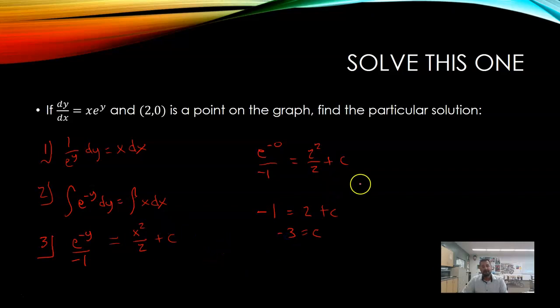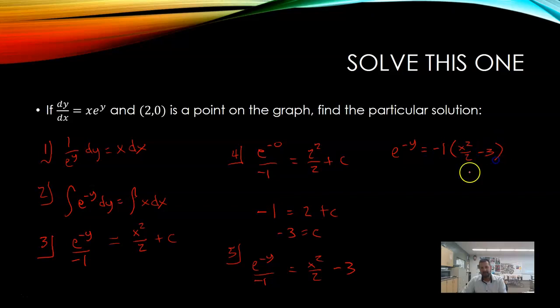So now what I do is I take that c and I plug it back in. So I've got e to the negative y divided by negative 1 is equal to x squared divided by 2 minus 3. And then step number 5, I plugged it back in, and now I have to solve for y. So I'm going to multiply everything by negative 1. So I get e to the negative y is equal to negative 1 times x squared divided by 2 minus 3.